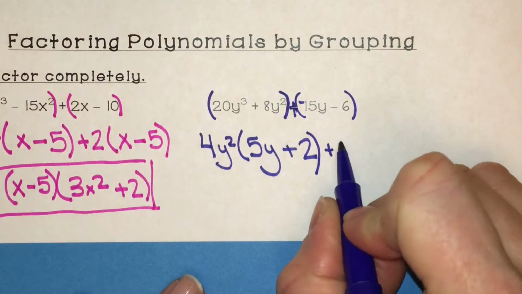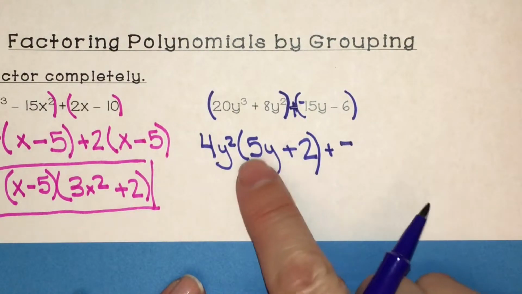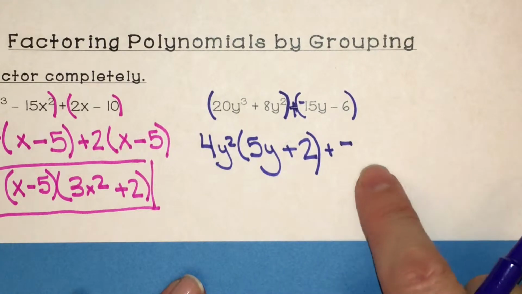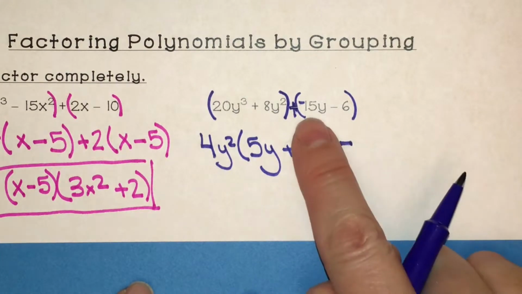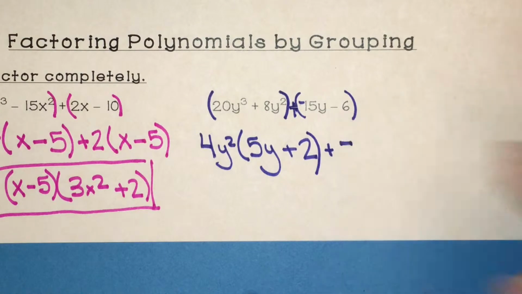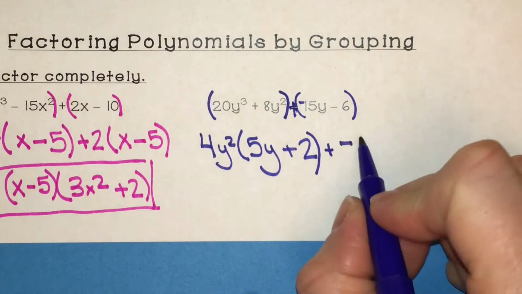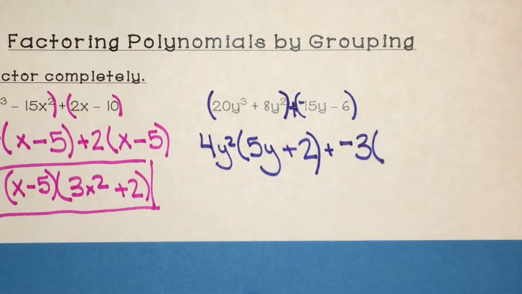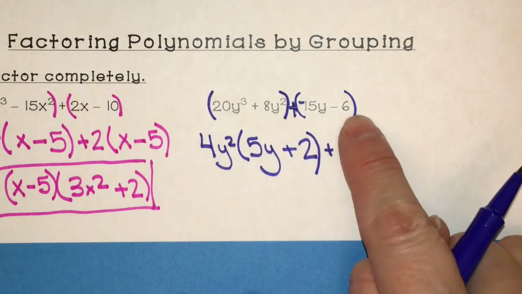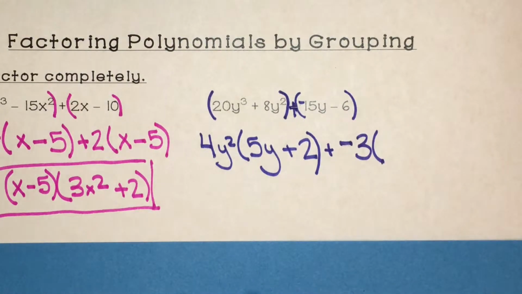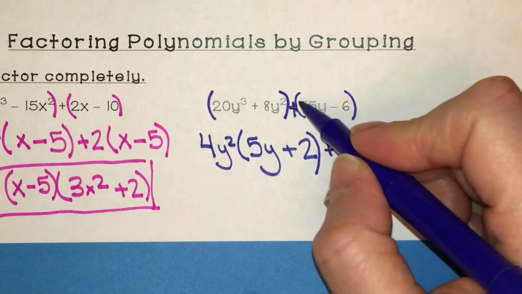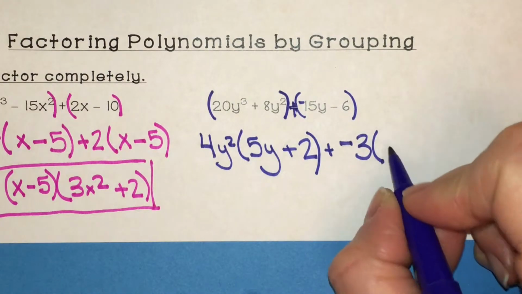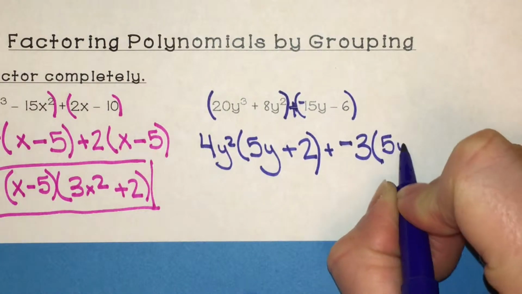So I'm going to factor that negative out so I can have both values positive inside this parenthesis. Right? So we have 15 and 6. I know the only thing I can factor out is 3. And again, there's a y here, but there's not a y, so I can't factor out the y. All right, so negative 15 divided by negative 3 is positive 5, and I still have the y.